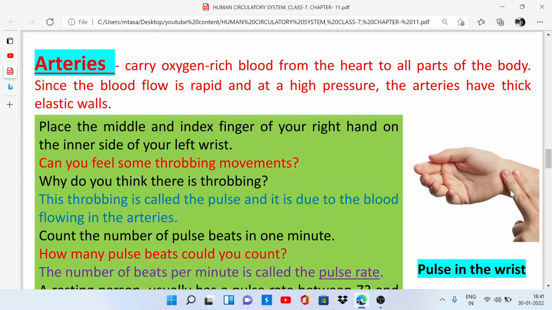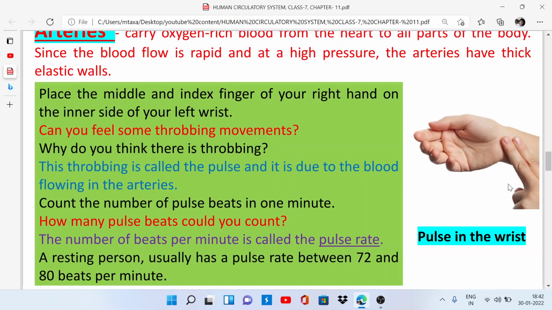Here this is a figure showing your pulse in the wrist. If you want to measure the flow of heart in your arteries, you can measure your pulse in the wrist. Place the middle and index finger of your right hand on the inner side of your left wrist.